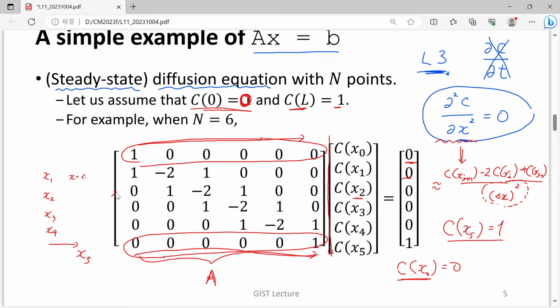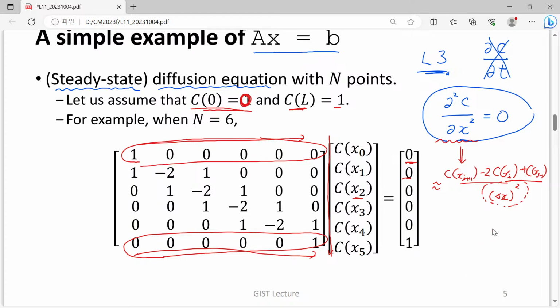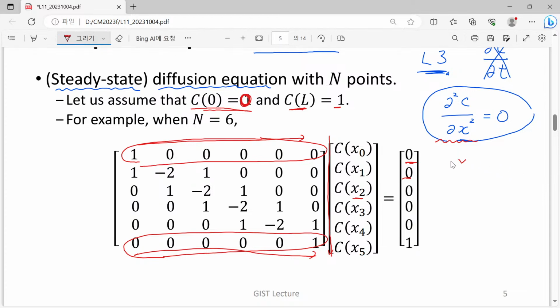The Ax equal to b equation shown here of course corresponds to a small number, n equal to 6. Yes, that is easy to visualize, but you can easily make it prohibitively large. For example, if you say n equal to 100 or 1000, million, billion, then of course the physics itself is quite simple, but you can make the system very, very large.